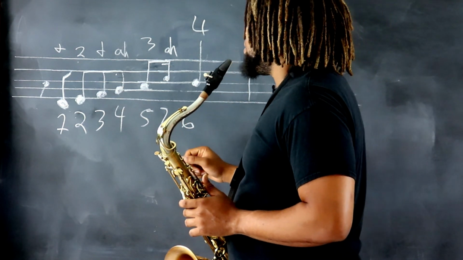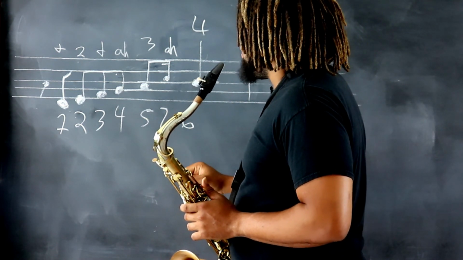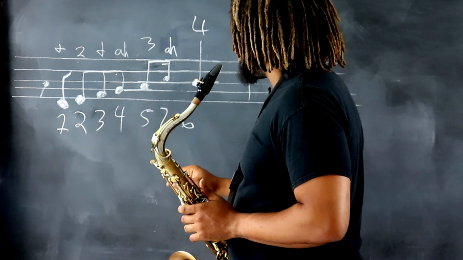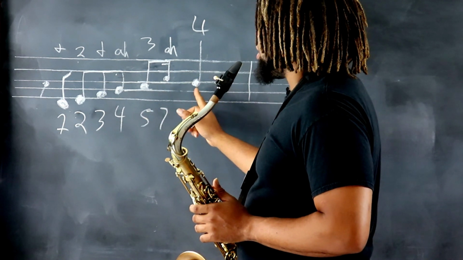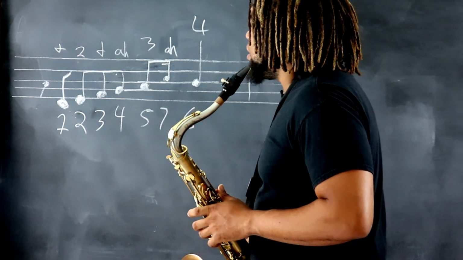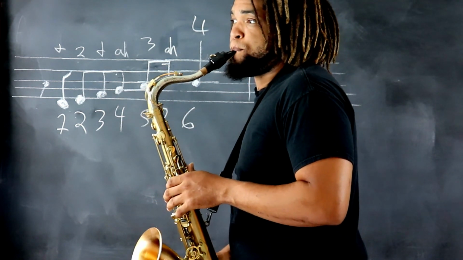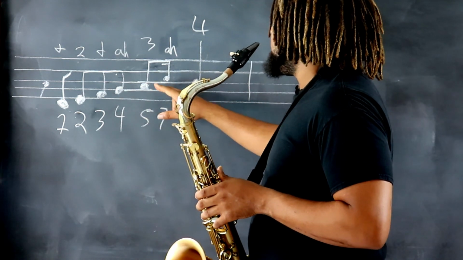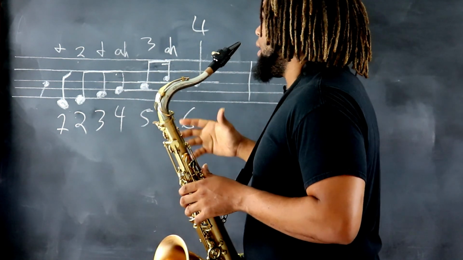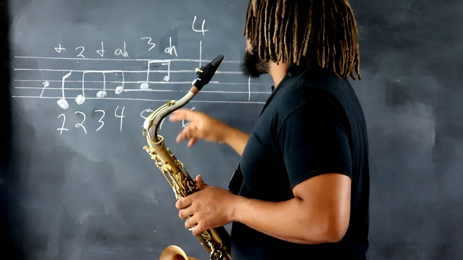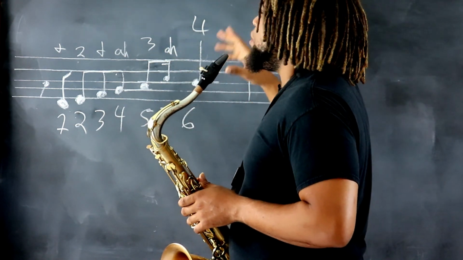So the most important part of this lick is really these last three notes, where the musicality is. So if I play this lick again, it's really the ba-da-da that makes the lick, which is the 3-4.